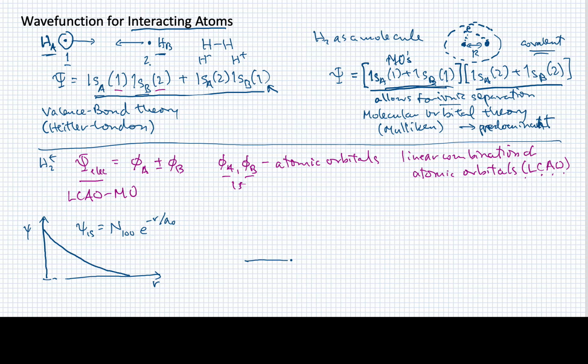So what I'm going to do is draw a line which represents sort of the r-axis and the positions of the two nuclei along that line. And to fill out my diagram here, I'm going to draw a little line down here just so that I have a marker that tells me where these nuclei sit in horizontal space. Now, for this nucleus, I'm going to have an exponential decay that comes down like this.